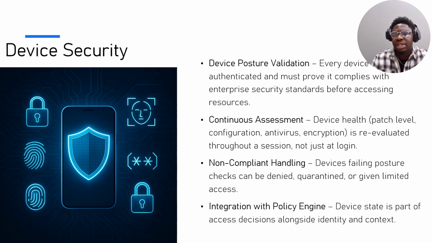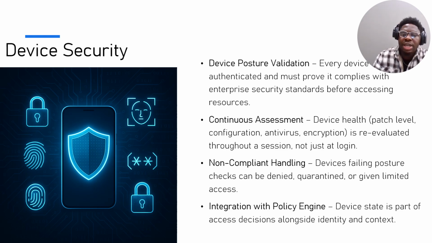Continuous assessment. The device health is being reevaluated throughout a session, not just at login, in case something abnormal is noticed, so they can always keep track of it. Non-compliant handling. A device failing a posture check can be denied, quarantined, or given no access.